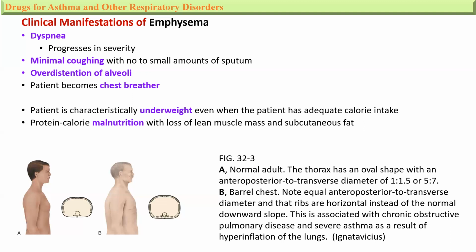Then they will develop something called retractions. The ribs become fixed in inspiratory position. Patients become underweight, even when the patient's calorie intake is sufficient.